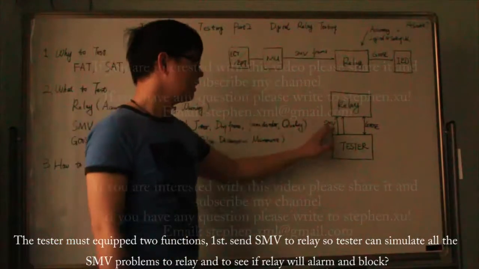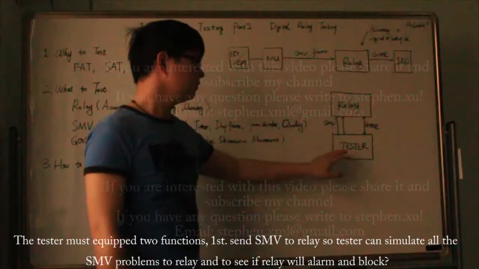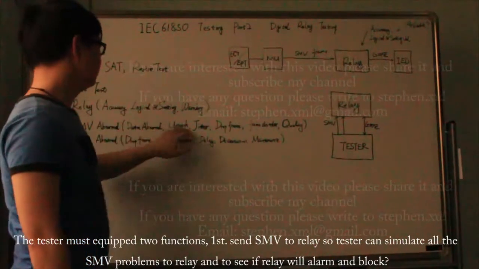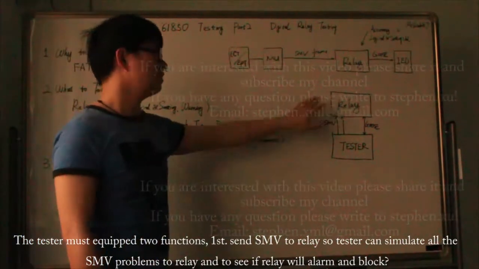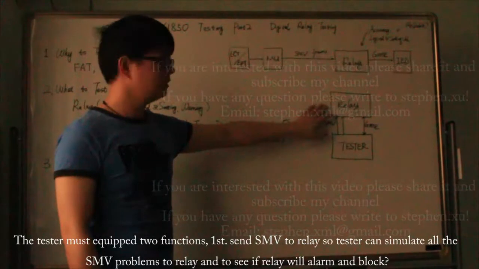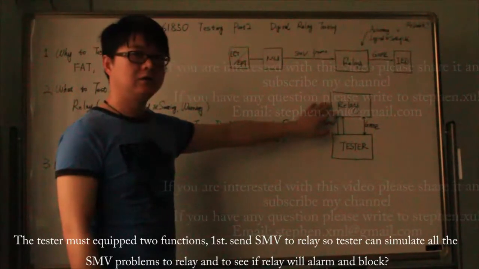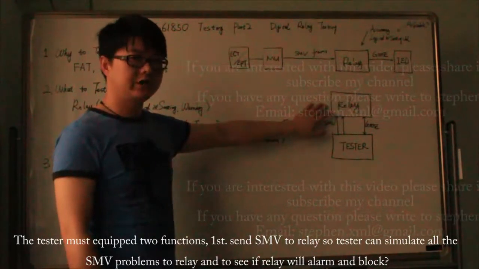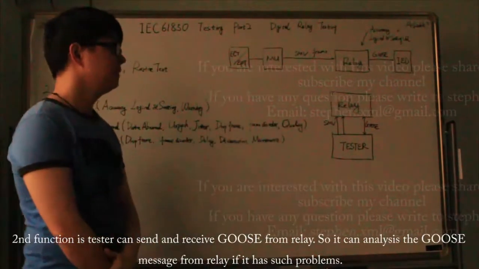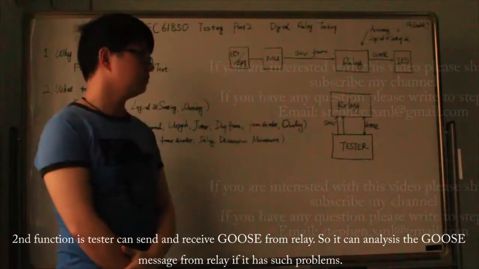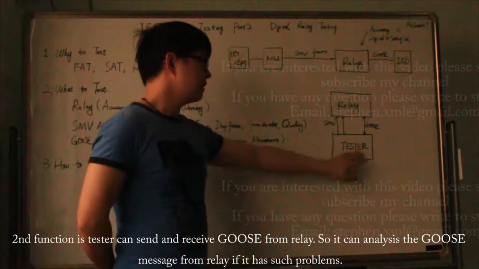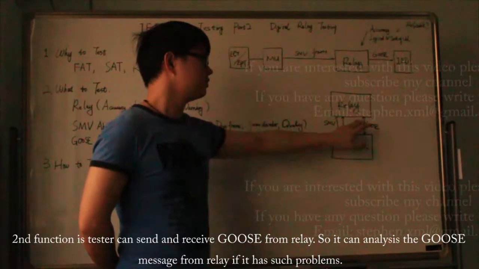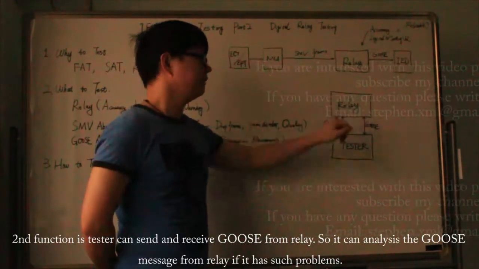So we can use the tester to simulate all these problems to our relay and see if the relay will alarm and block. And the second function is the tester can send the GOOSE and receive GOOSE from the relay.